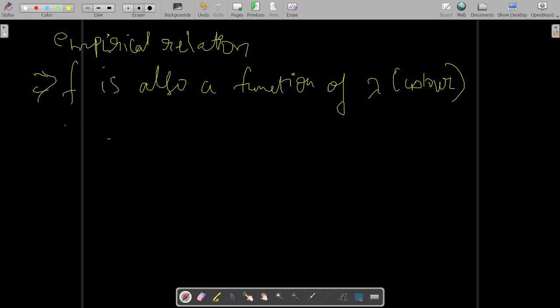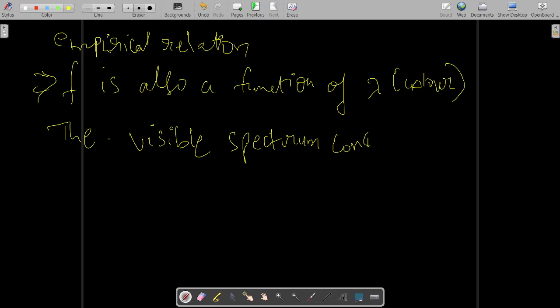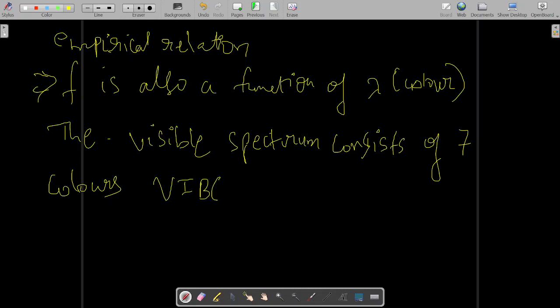Now the visible spectrum consists of 7 colors, which are violet, indigo, blue, green, yellow, orange and red. This is the short form which you have learnt in your lower classes.